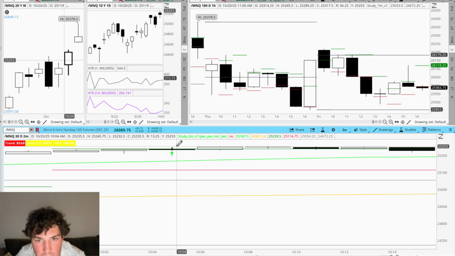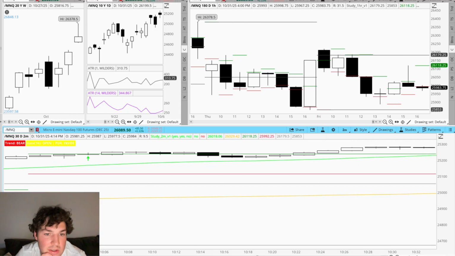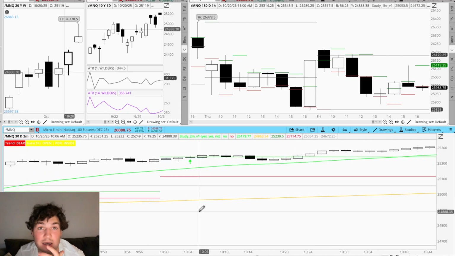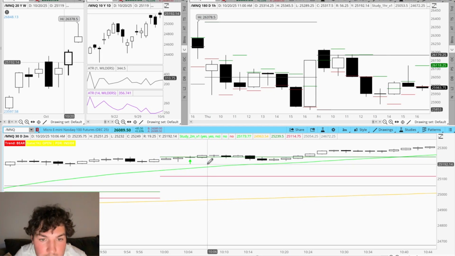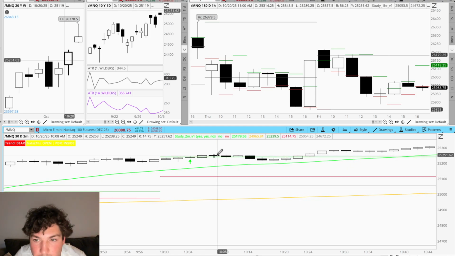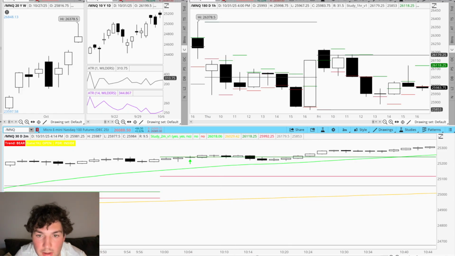I'm looking really closely at this line, and when I'm unsure, I always like to default to saying it would have filled and taking the loss anyway. So this would have lost me 24 points, 23 and a half.